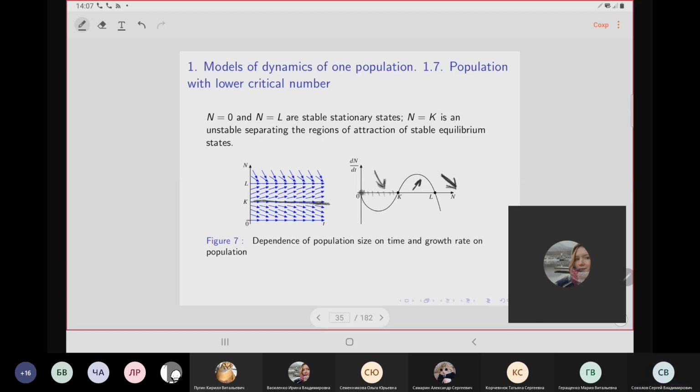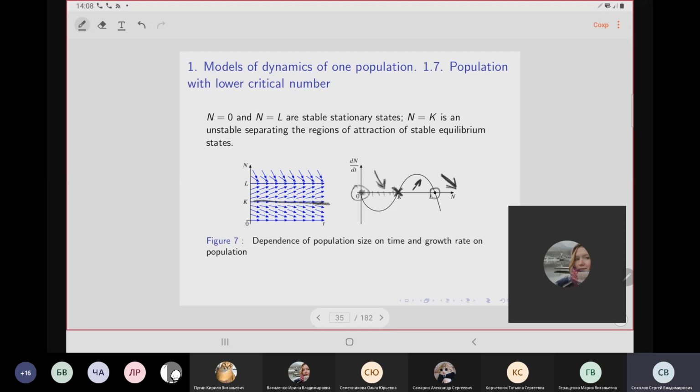First of all, we see the feature of vanishing small population, and the second one is stabilizing of the population at some positive equilibrium L. So we have two stable equilibriums and one unstable here. Two stable and one unstable.